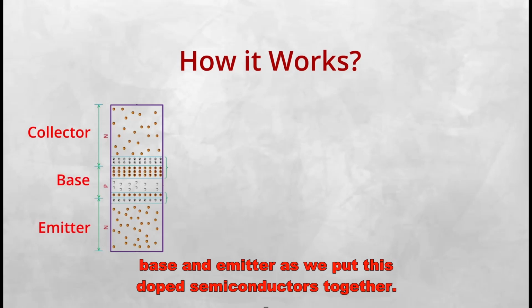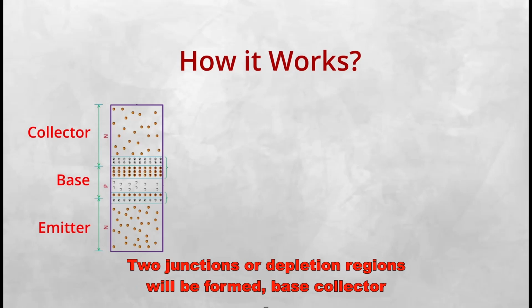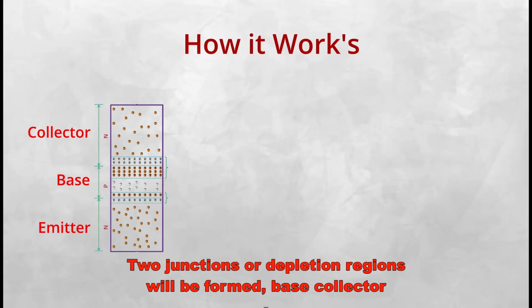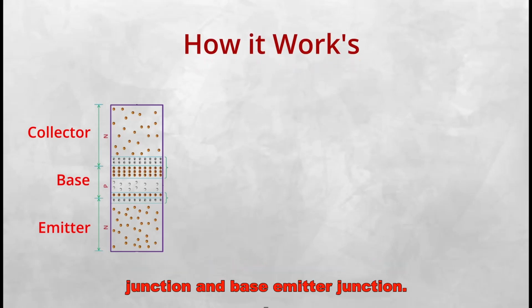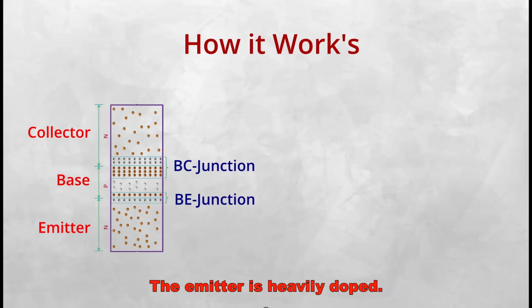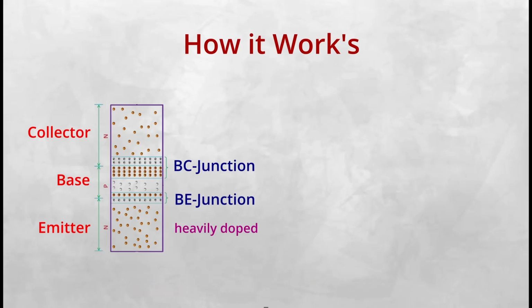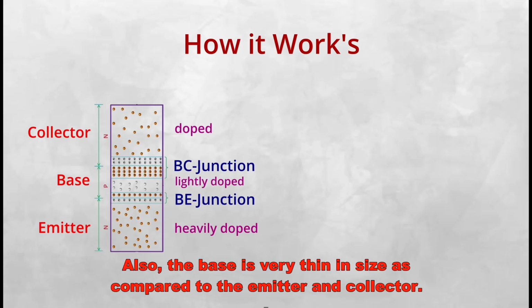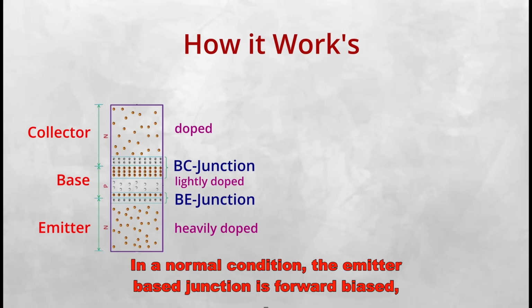As we put these doped semiconductors together, 2 junctions or depletion regions will be formed: base collector junction and base emitter junction. The emitter is heavily doped, the collector is also doped, and the base is lightly doped. Also, the base is very thin in size as compared to the emitter and collector.